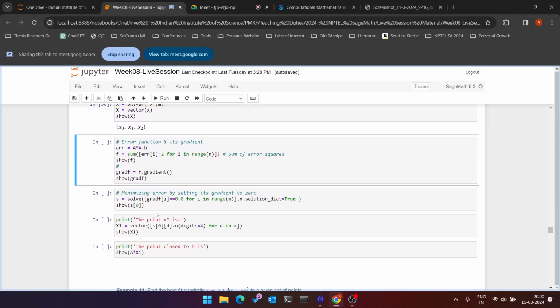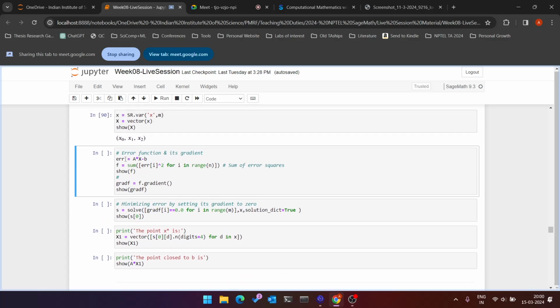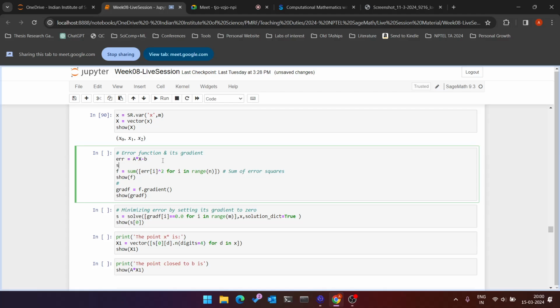Next, we calculate the error function and the gradient. So error is defined as A times capital X minus B, and the error function is denoted by f, which is the sum of squares of the error for each of the terms. So AX minus B will basically have 5 terms, here n is equal to 5. So f is basically the sum of all these squared error terms.